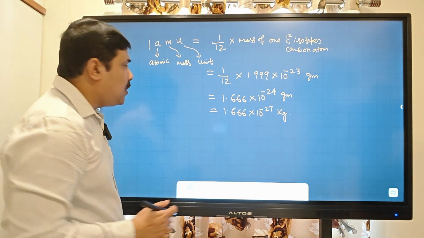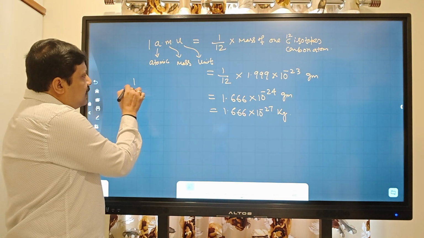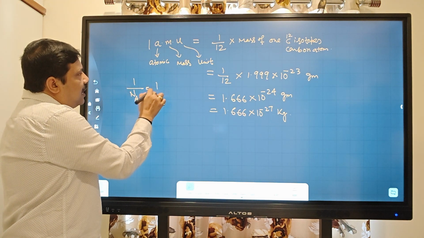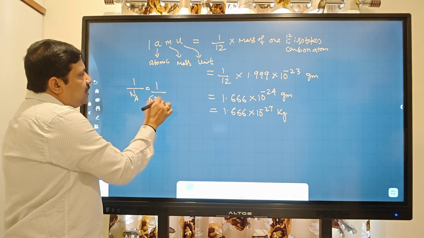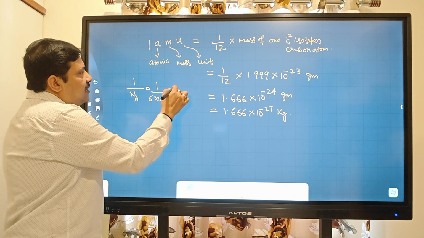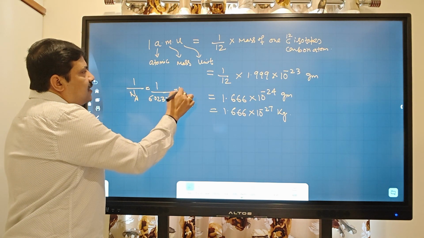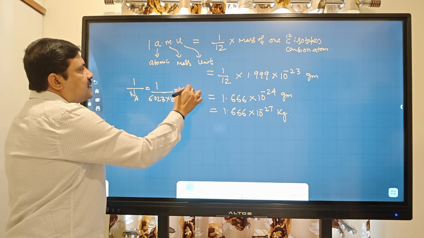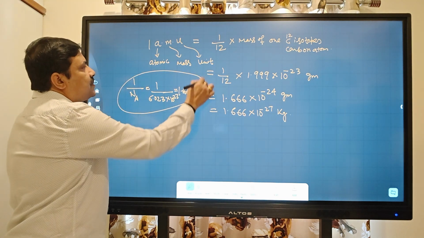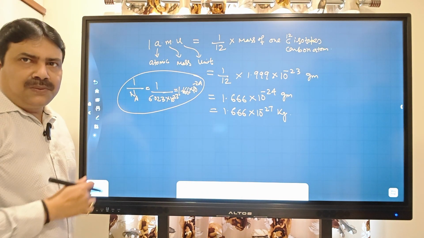So now 1 AMU equals this value. Again scientists observed 1 by Na. Na is the Avogadro number. 1 by Na means 1 by 6.023 into 10 power of 23. Last class we discussed. This value is also nothing but 1.66 into 10 power of minus 24. This also gives the same value. Yes or no?